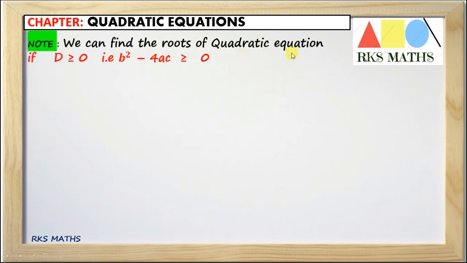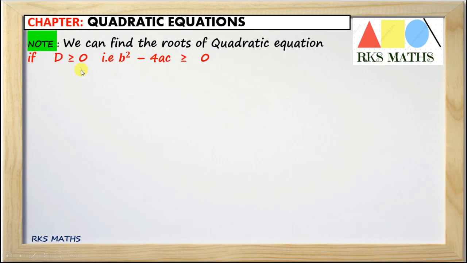Students, we can find the roots of a quadratic equation if D is greater than or equal to 0, that is, b square minus 4ac greater than or equal to 0. Whenever you are finding the roots of a quadratic equation, it is always advisable to first calculate the value of D, that is, the discriminant, because the value of D determines what kind of roots you are going to get.